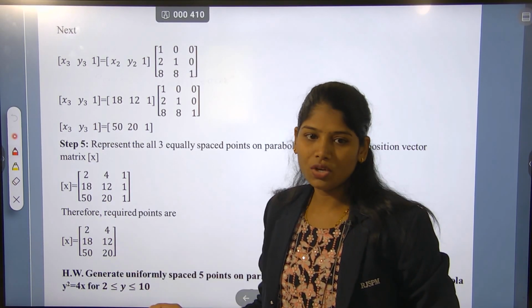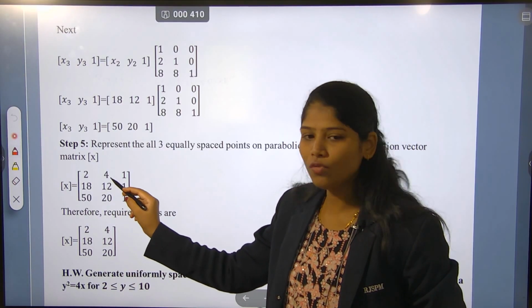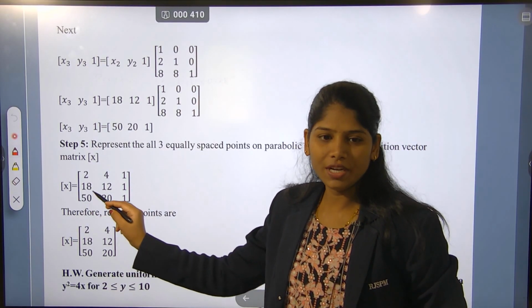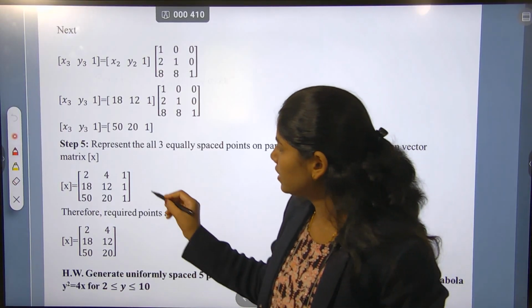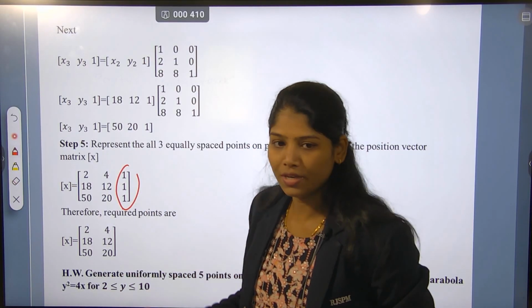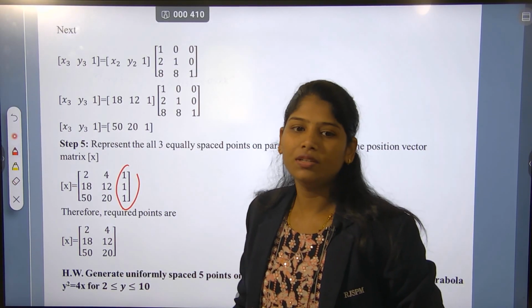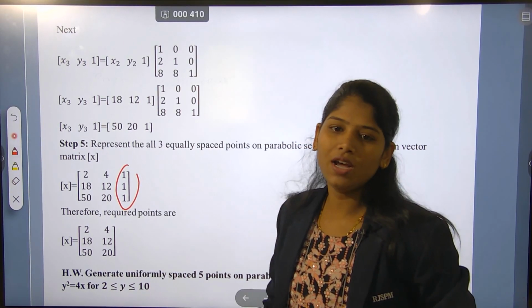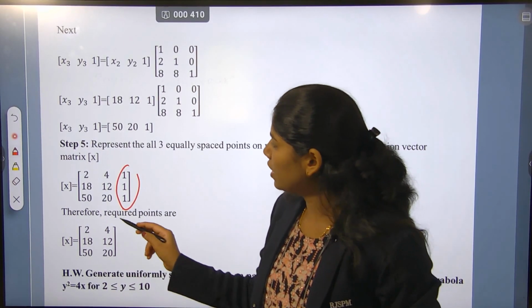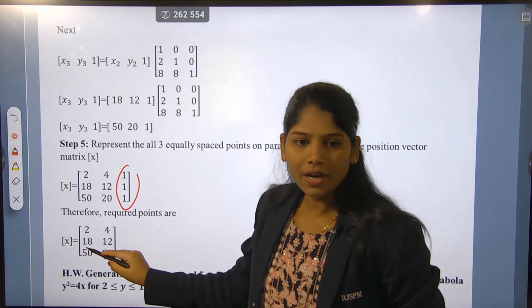So x is equal to: your first point is 2, 4, 1, second one is 18, 12, 1, 50, 20, 1, and then at last remove these homogeneous coordinates. So we get all three equally spaced points on the parabola in the first quadrant: 2, 4, 18, 12 and 50, 20.